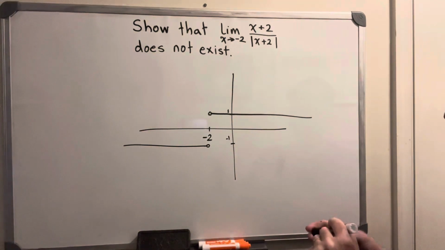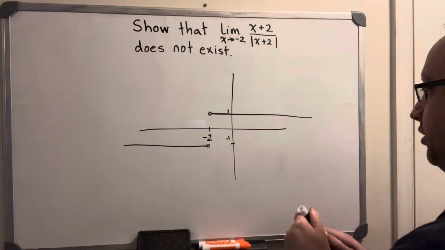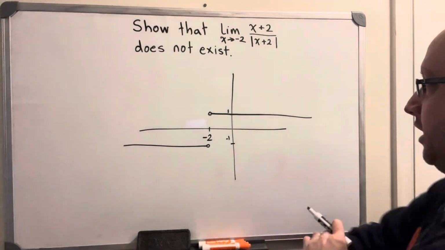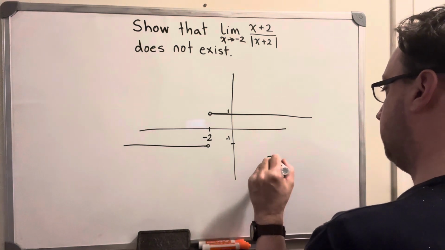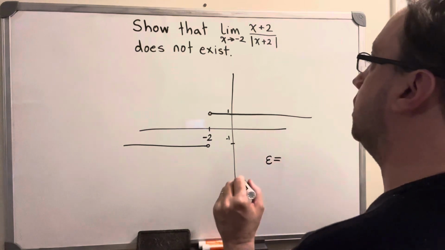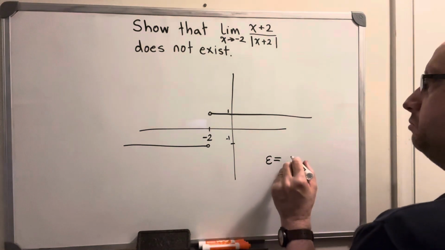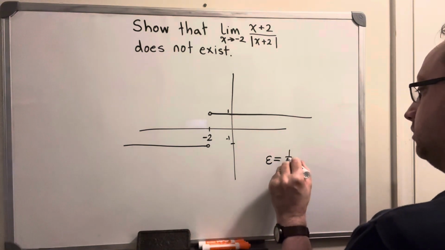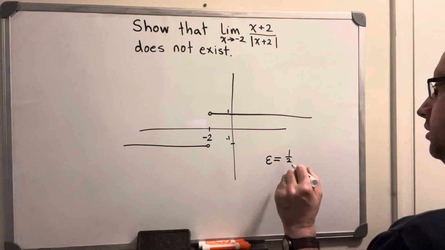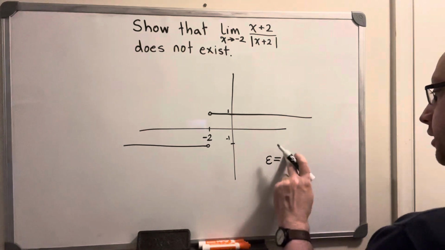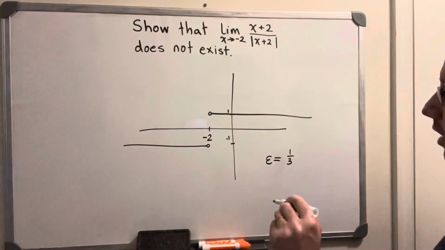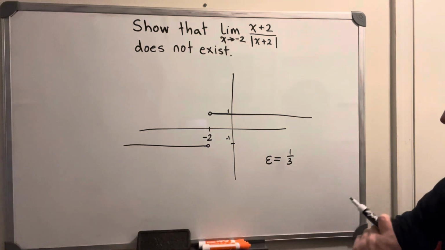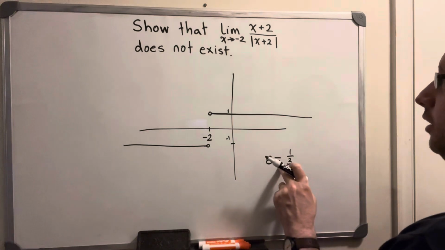Let's say that we chose an epsilon. We're supposed to be able to take any value of epsilon. Let's take a value of, say, 1/3. Because if we can take a value however small, we should be able to take a value of 1/3.